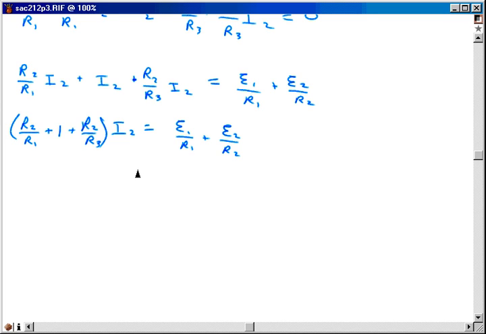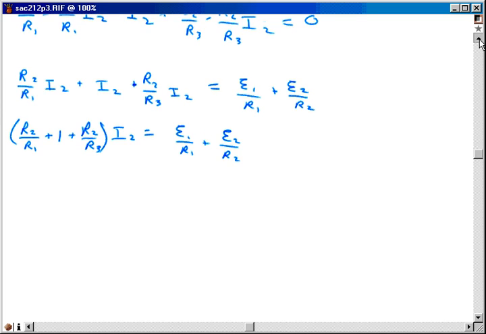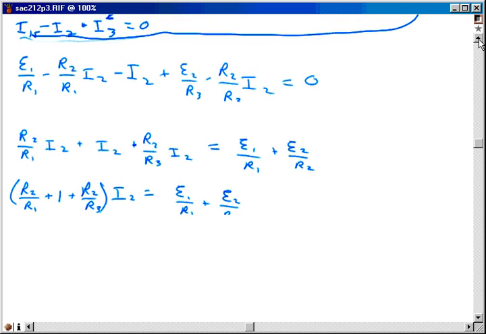I think I want to get rid of the fractions first. I'm going to multiply both sides, and I made a copy error up here.